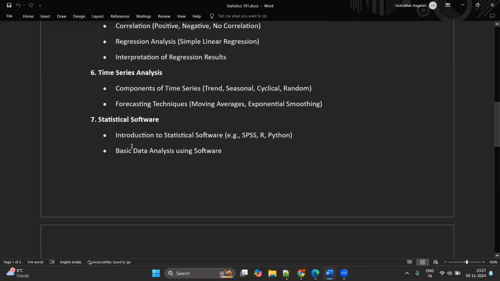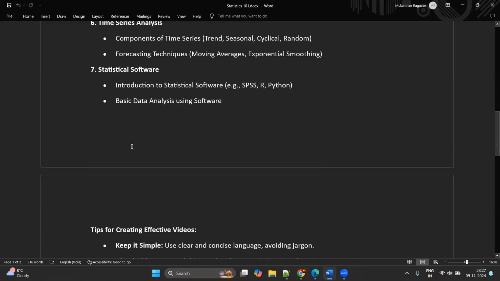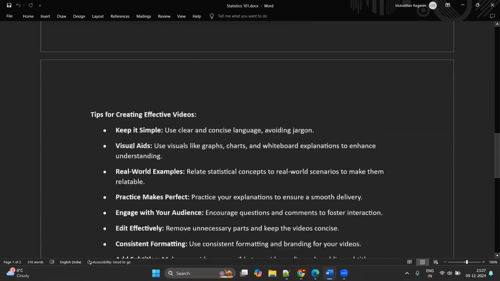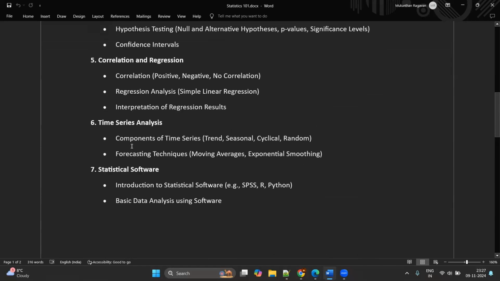And also we will try to cover time series analysis and its types, and what different statistical software are available, SPSS or Python. However, we are going to go into detail about Python, which is very famous as it is very easy as well, and basic data analysis using different Python modules like pandas and so on. So this is the roadmap for the coming videos.